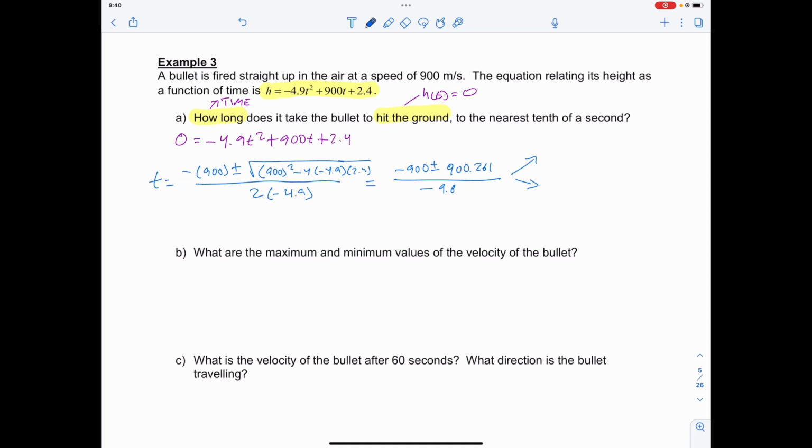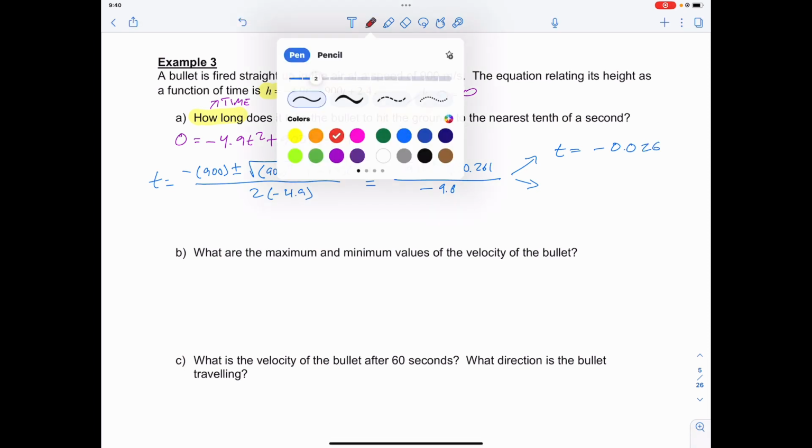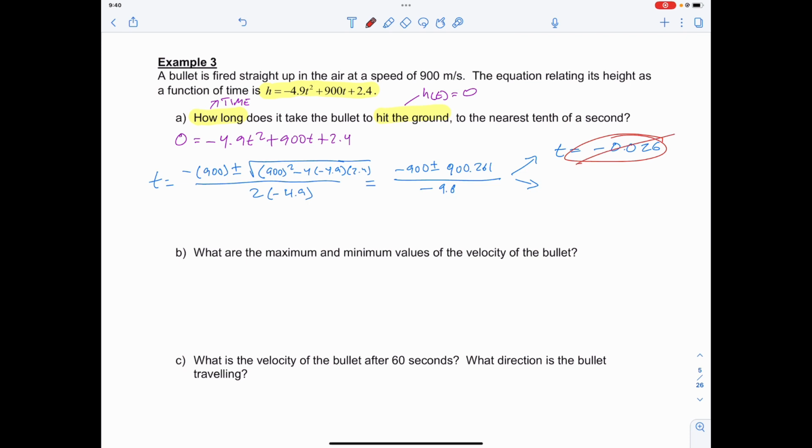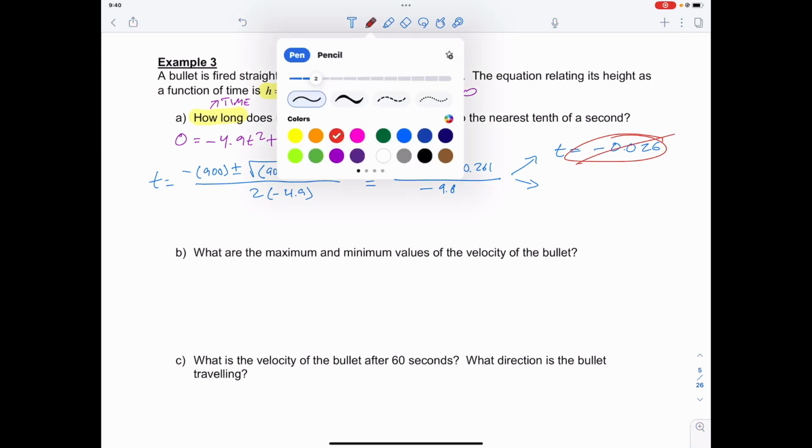So I'm going to have one where t is equal to, to the nearest tenth of a second, well, that's negative 0.026, so that one doesn't make any sense. So let's take a look at the other possibility.